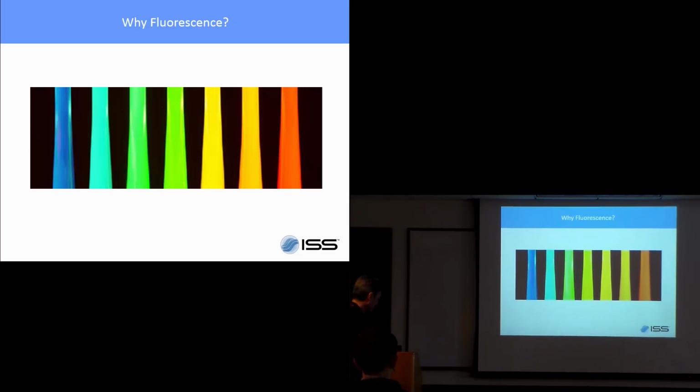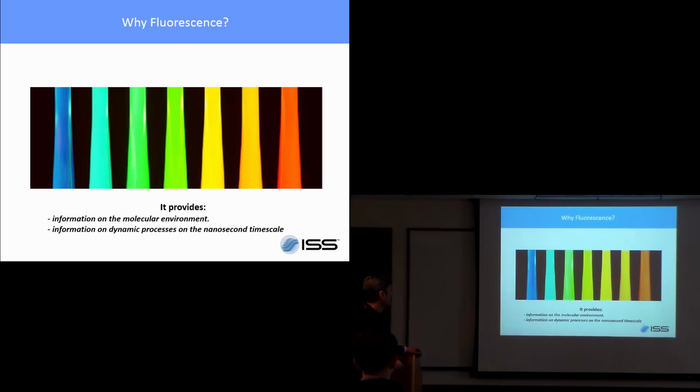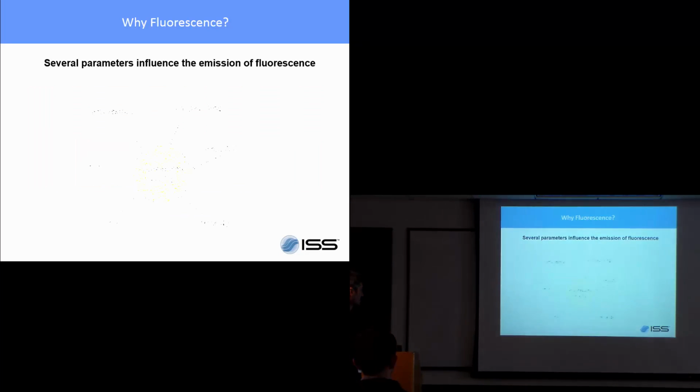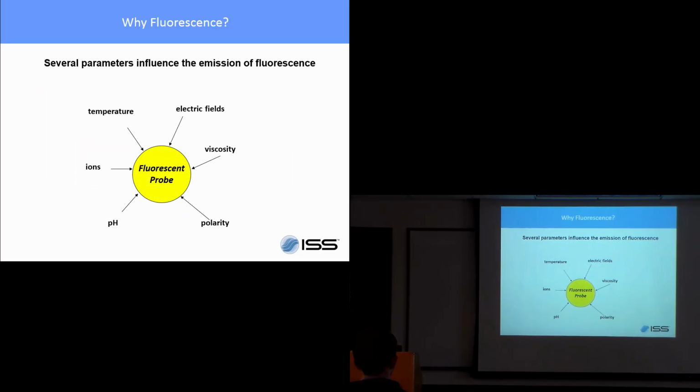Why fluorescence? First, because it's nice, it's beautiful, it's colorful, but second, because it provides you with some information about the environment where these molecules are. In fact, the properties of fluorescence probes are affected by pH, by electrical fields, and by the presence of other fluorophores.